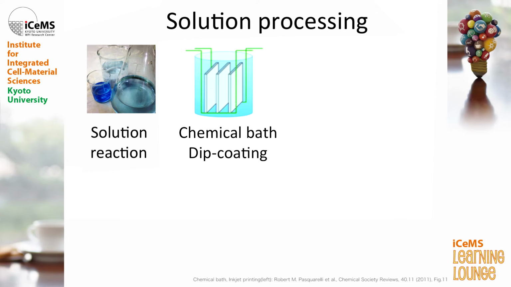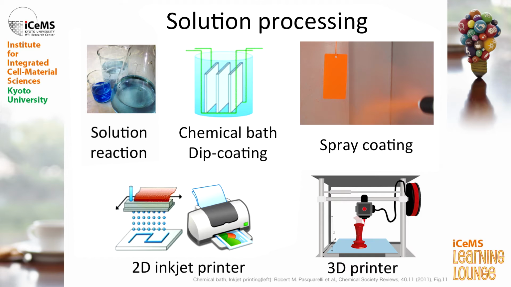Of course, you can think of modifying or transforming your material directly in solution, a very homogeneous reaction, but you can also think of doing deposition by chemical baths or dip coating methods. And you can also think of more, I would say, exotic processes, such as spray coating, 2-dimensional printers, or 3-dimensional printers. So here you have high control over the final devices you're making.